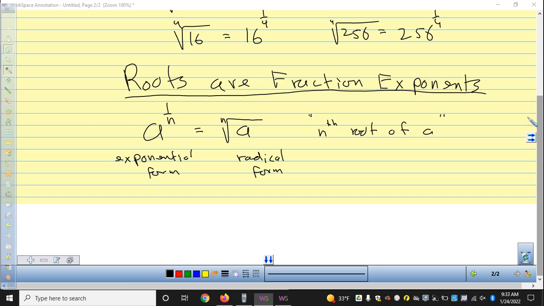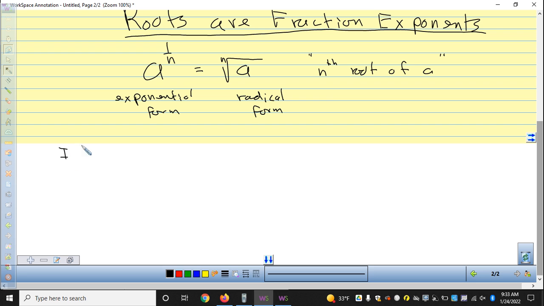We can also have exponents where the top number is not a 1. So if the numerator is not 1, then it is a power.